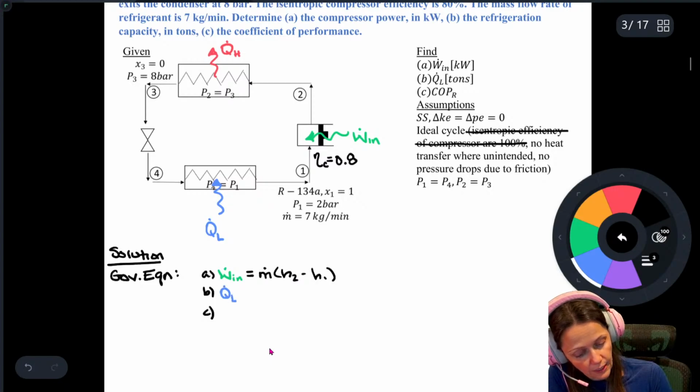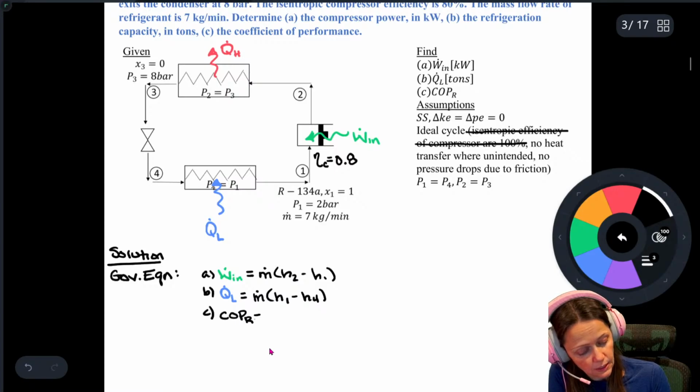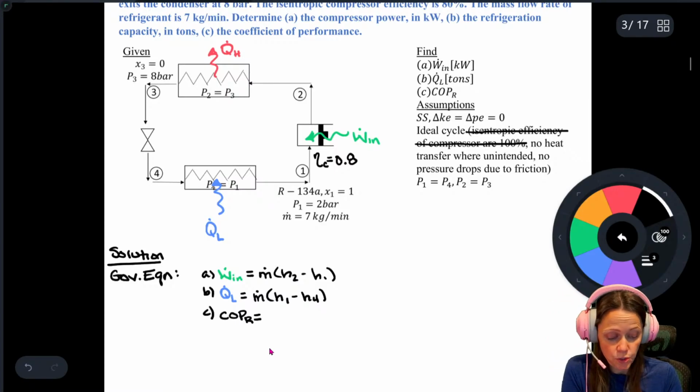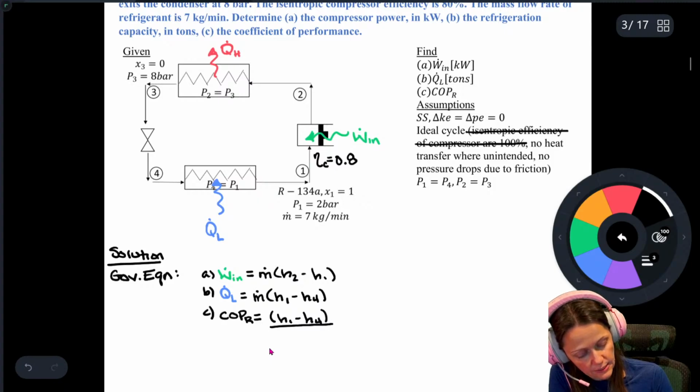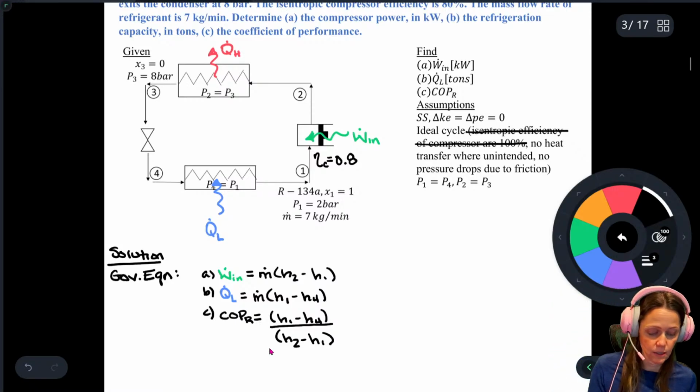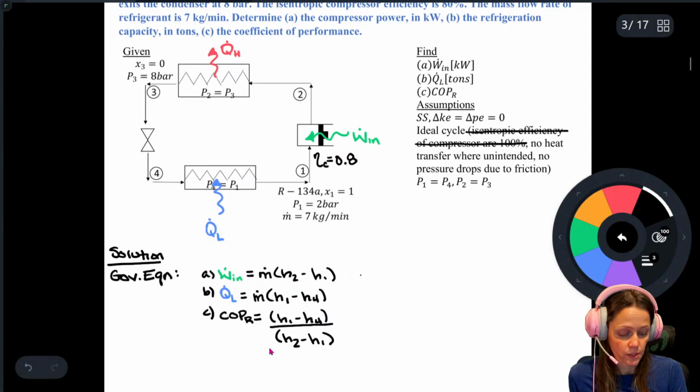Your Q dot L, which is of course in tons, I do have some unit conversions to worry about there, but it's fine, is m dot times h1 minus h4. And your coefficient of performance is what you're interested in, which is your Q dot L, h1 minus h4 times m dot, divided by what you have to put into it, which is your W dot net. In this case, it's only a W dot n.